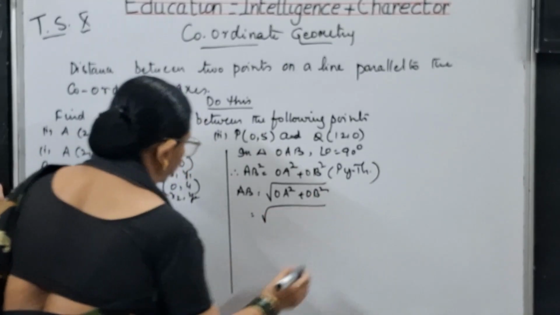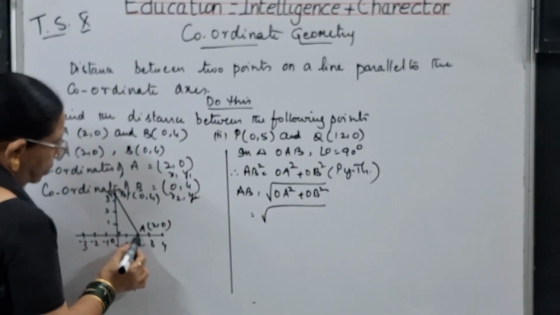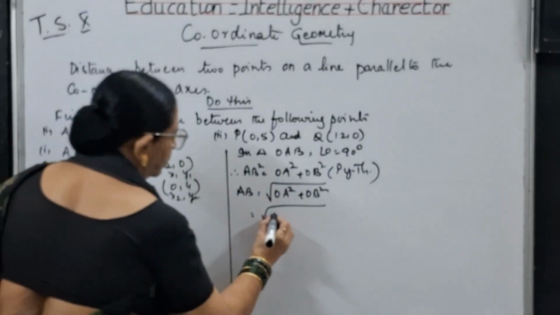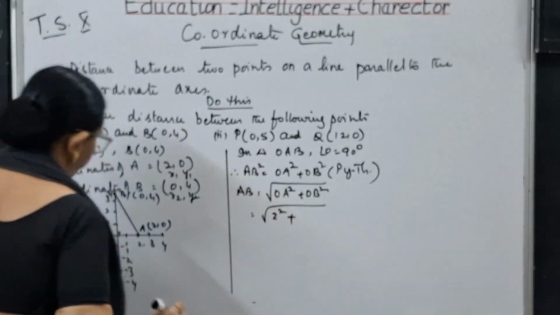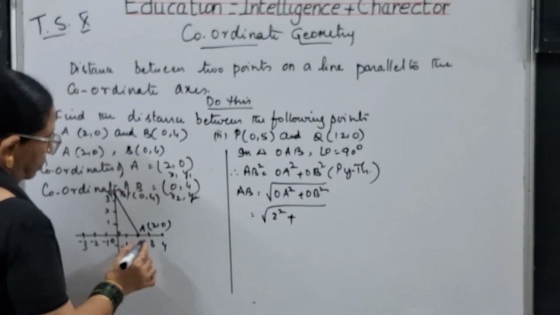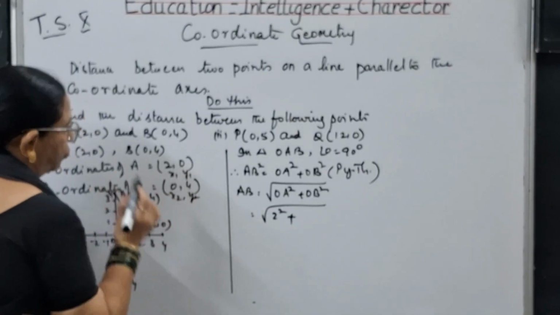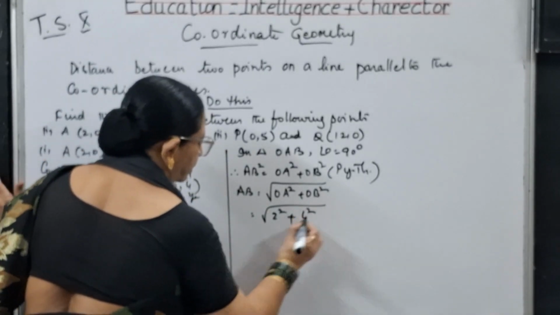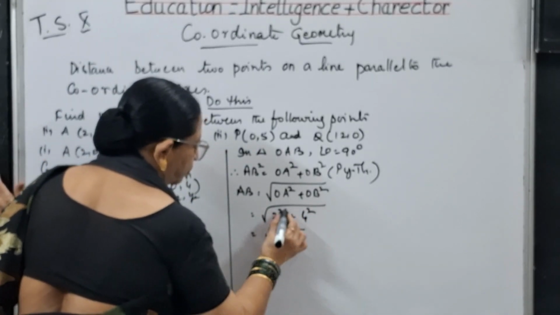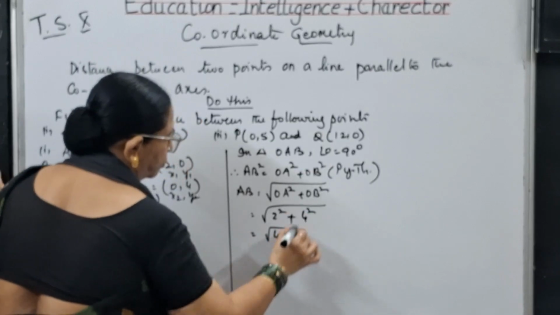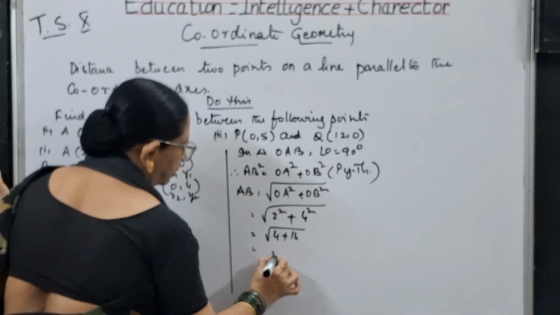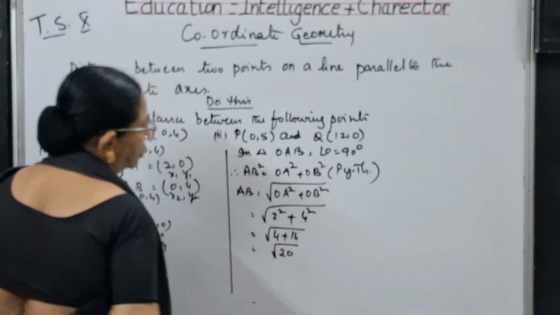That is equal to root of, what is OA from here to here? That is 2 units, 2 square, plus OB square. OB is what they have given, 4 units. That's 4 square. That means root of 2 square is 4 plus 4 square is 16. That is root 20 you have got.